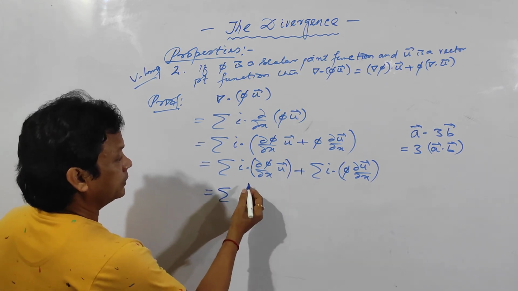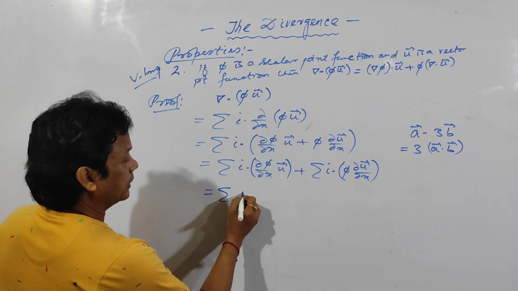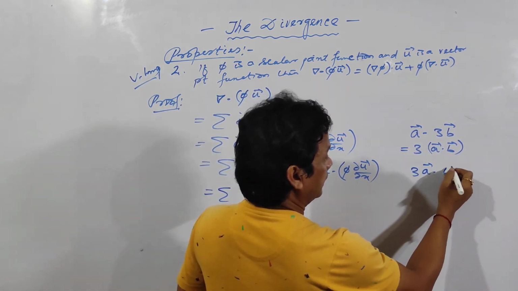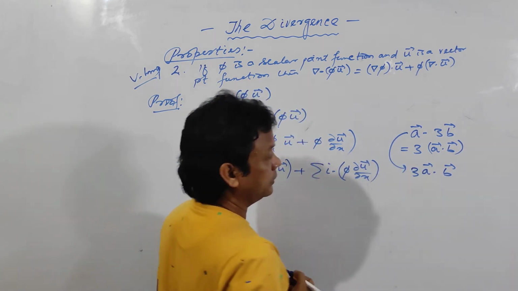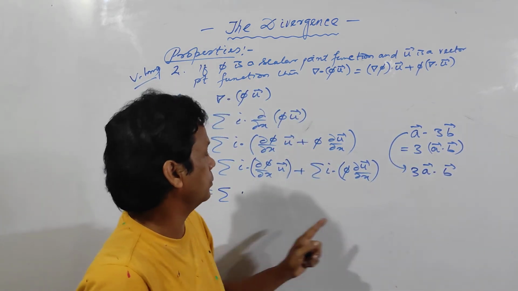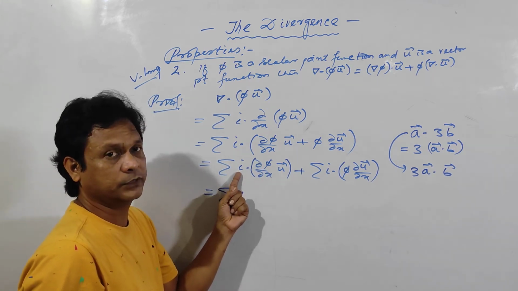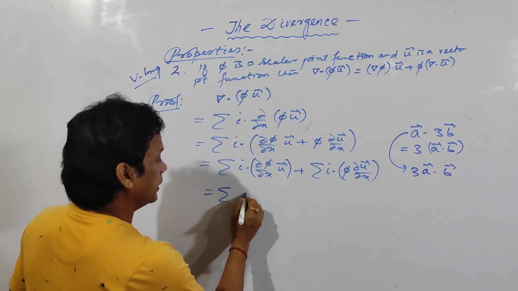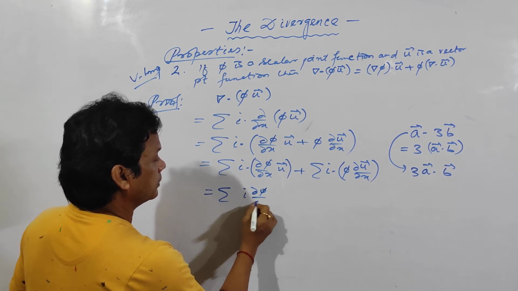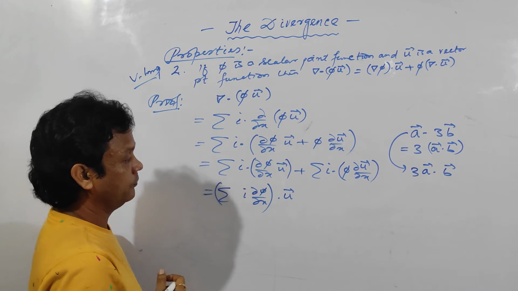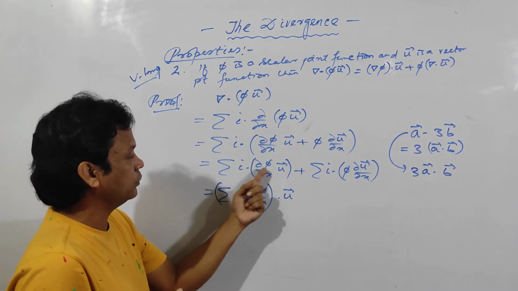Or you may write the summation, and this quantity can be written as 3a vector dot b also. You can write 3 with the a vector also. So I can write del phi by del x, this scalar quantity, with i cap. Clear? So I can write i into del phi by del x dot u. I am taking this scalar del phi by del x with i cap.